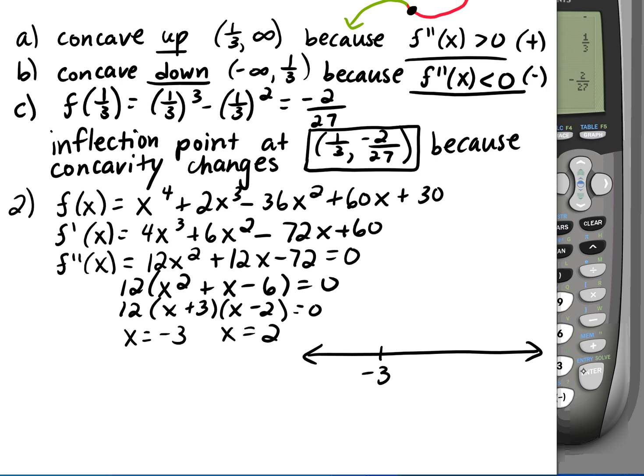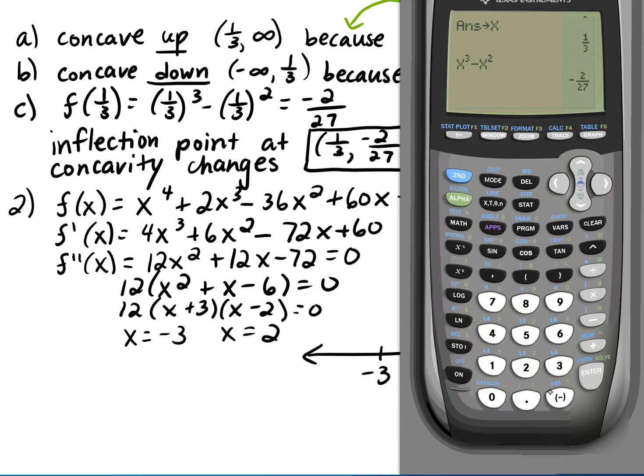You don't have to write down what you're checking every time. So let's say I want to do like f double prime of -4. This is another thing that's nice about storing. So if I do -4 and I store it in x, now I can type in the one that doesn't have the 12 in front because it doesn't really matter if I type that in. So I get 6. I get a positive answer, so I'm going to fill that in as positive.